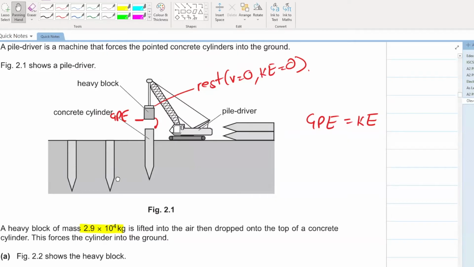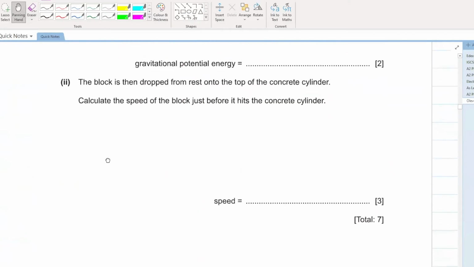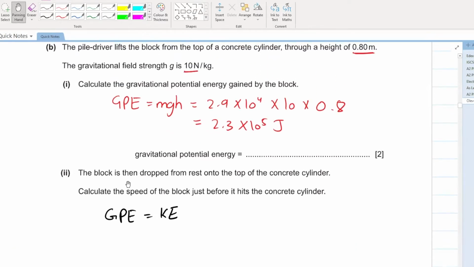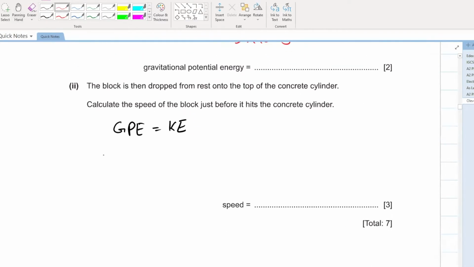We will simply say that the gravitational potential energy is equal to the kinetic energy of the block. What is the gravitational potential energy? 2.3 into 10 raised to the power of 5. What is the kinetic energy? We don't know. 1 upon 2 into the mass.